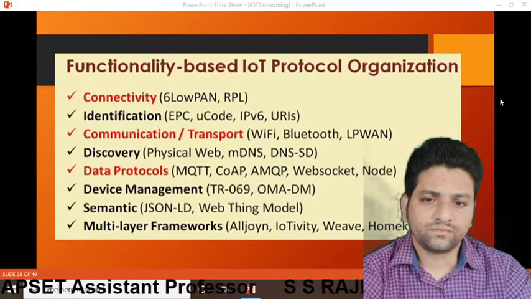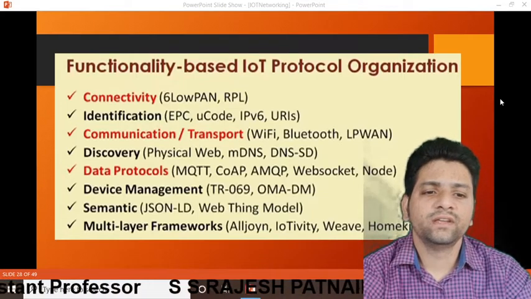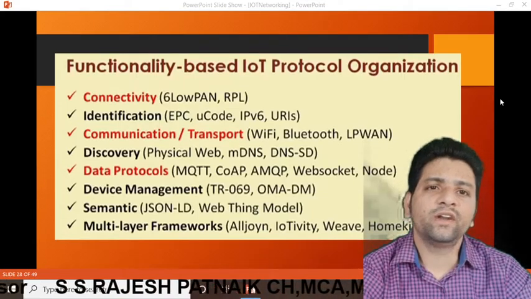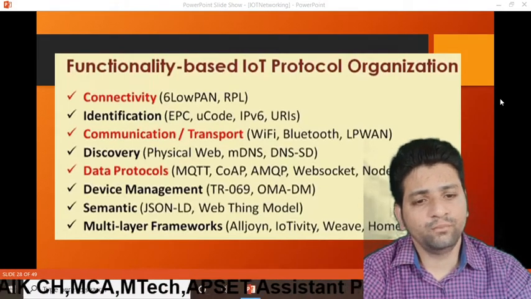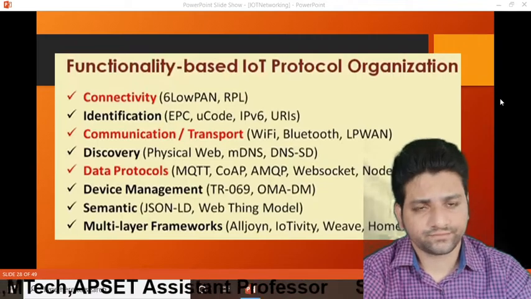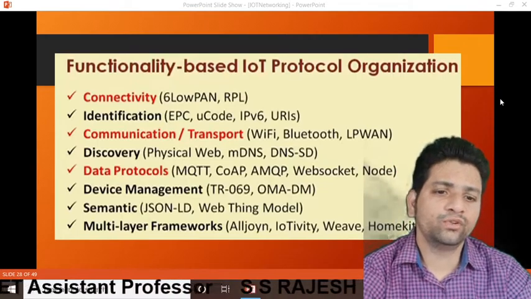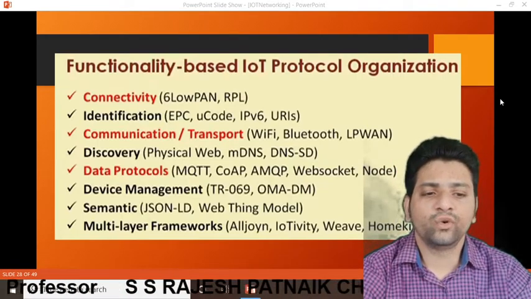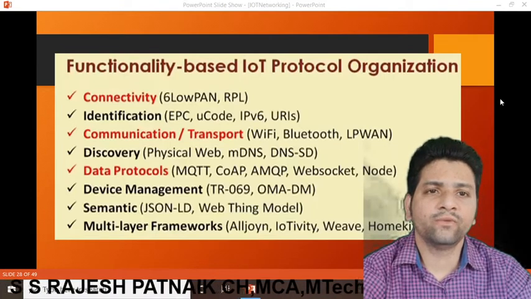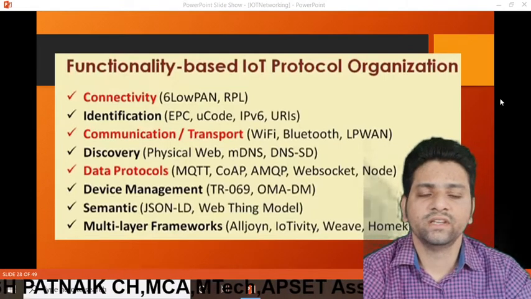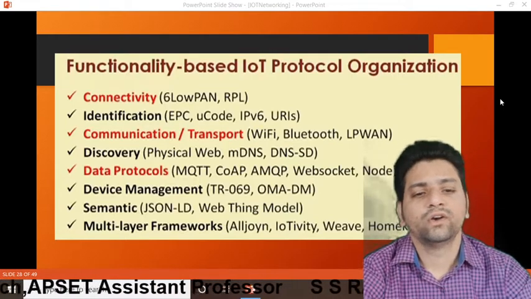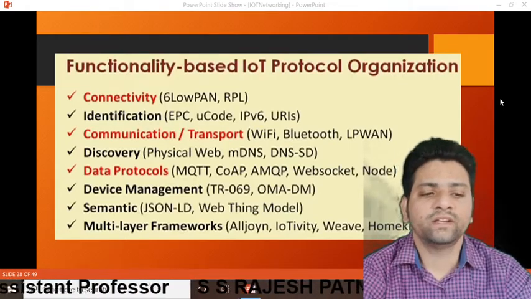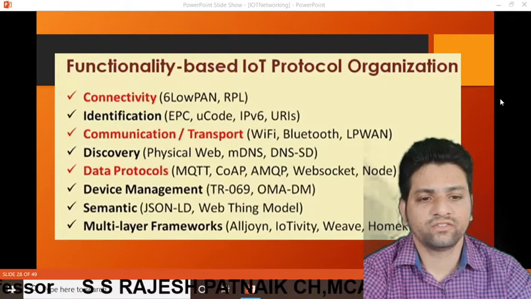Okay, next we have different types of communication protocols, like Wi-Fi. We know what Wi-Fi is. It is a short name for wireless fidelity. This protocol is used to transfer data from one device to another device with a wireless connection.